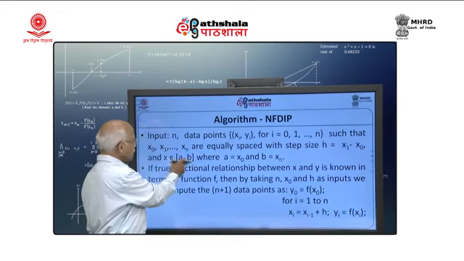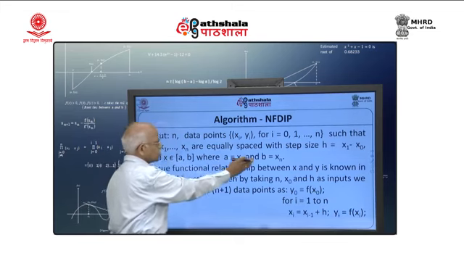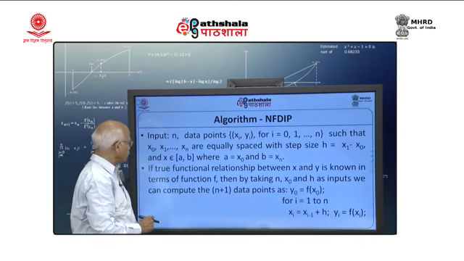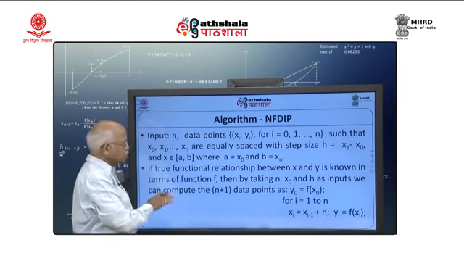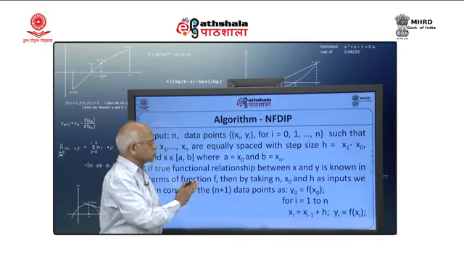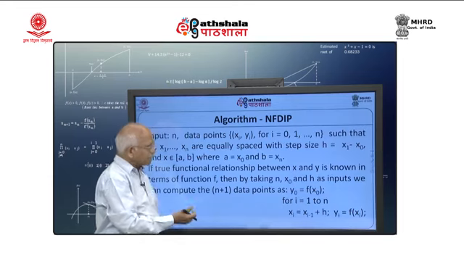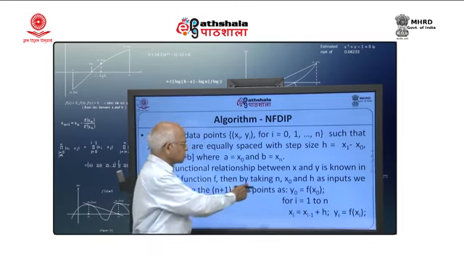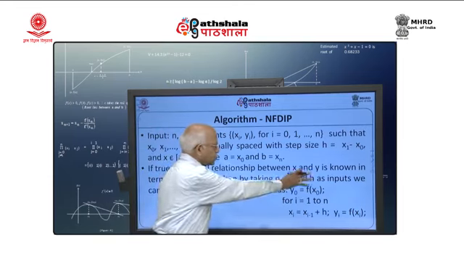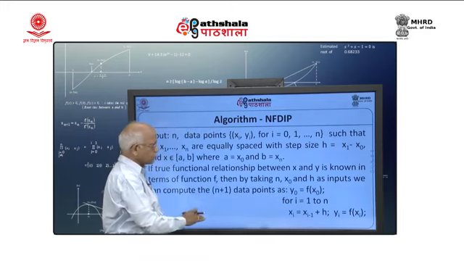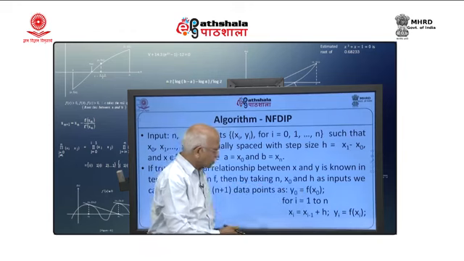So, x is in [a, b], where a is the smallest observed value and b is the largest observed value. If the true functional relationship between x and y is known in terms of a function f, then we can get only n, x 0 and h as input, and we can compute the n plus 1 data points using this kind of for loop.